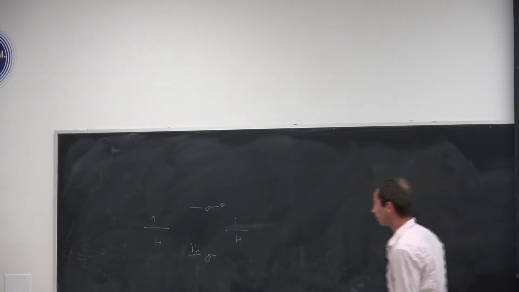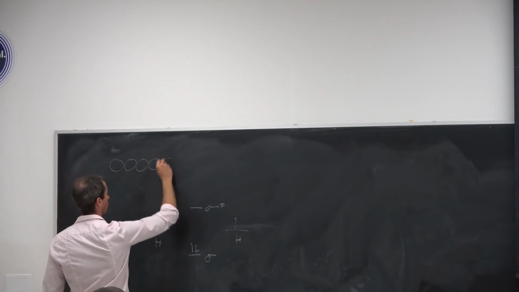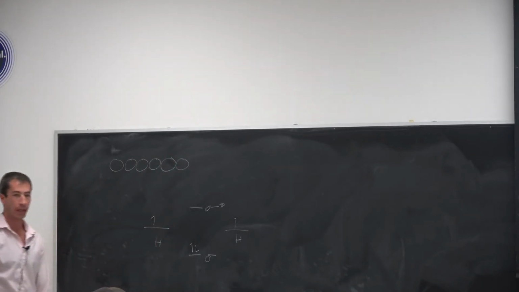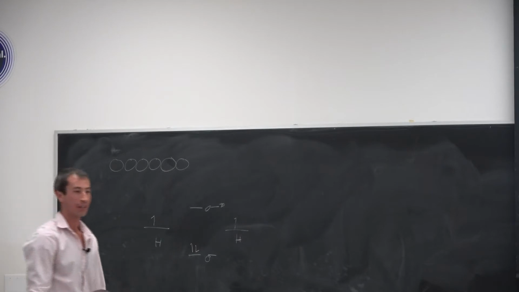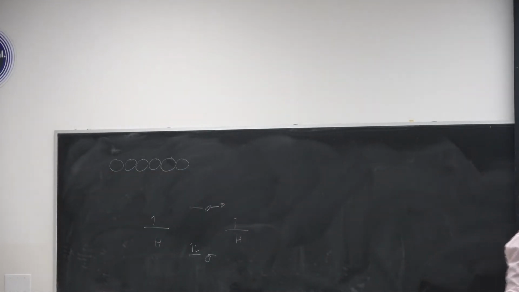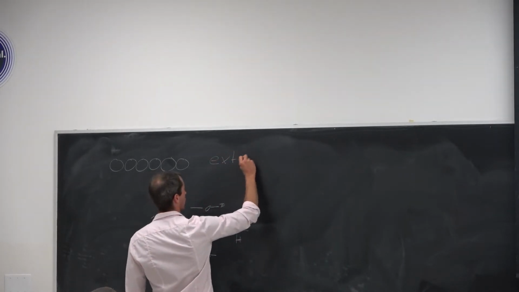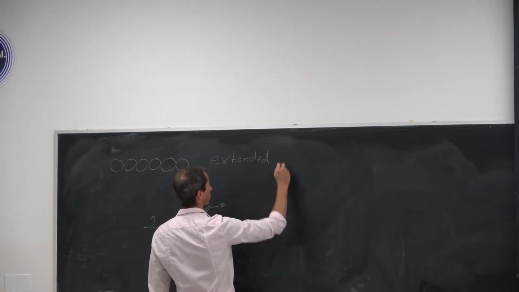What would that start to look like, rather than just these two systems, if you started to have many, assuming you could make that? Is that what we call metallic hydrogen? I don't think so. The word we're going for here is an extended solid. That is the nomenclature that people tend to use.